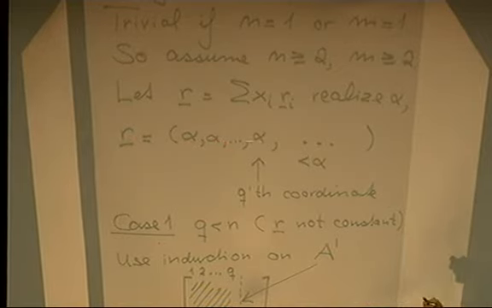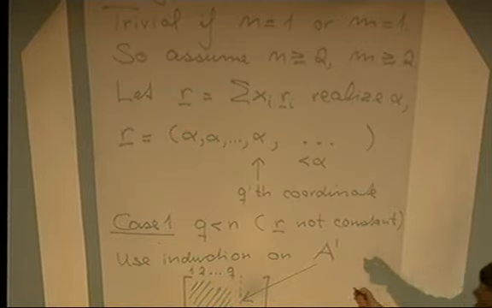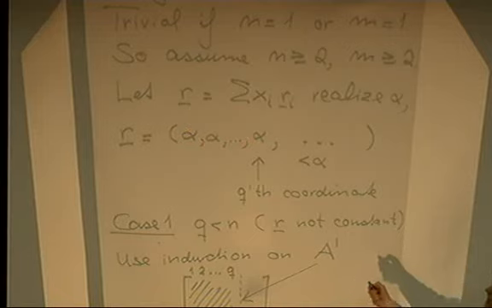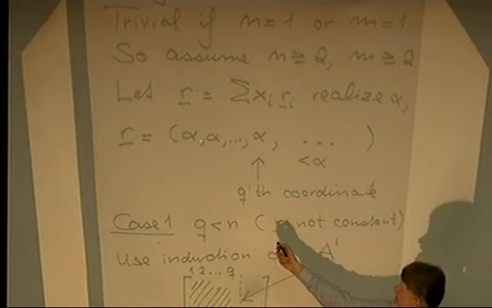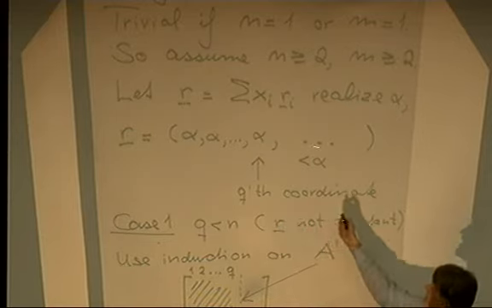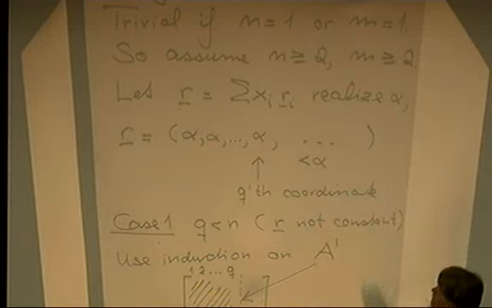So alpha is the biggest number in this row vector, and I will assume that alpha appears on the first entry, the second entry, and up to the qth entry. If this does not happen, I mean, this occurrence of alpha could of course be many other places, then I would just commute the columns. And it turns out that if you commute columns, that does not change the problem. So let me assume that I have a row vector which consists of alphas here, and then something here which is strictly smaller than alpha.